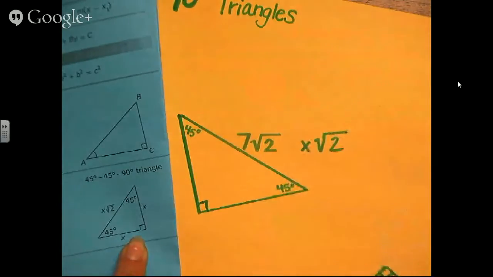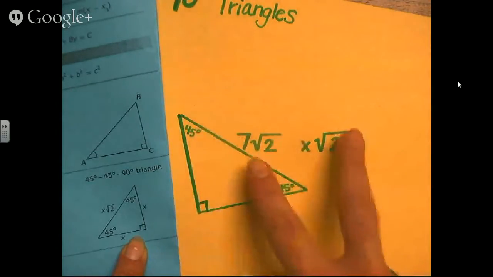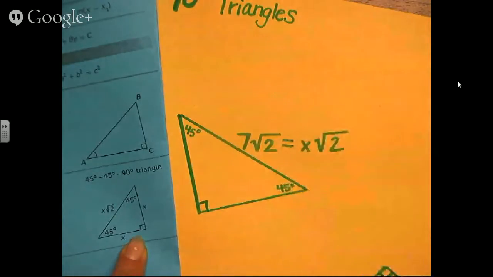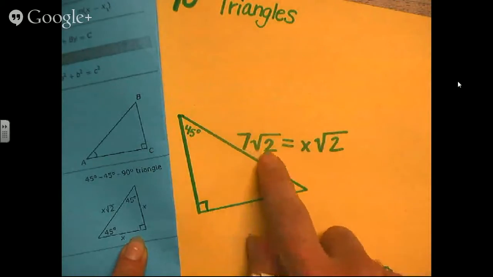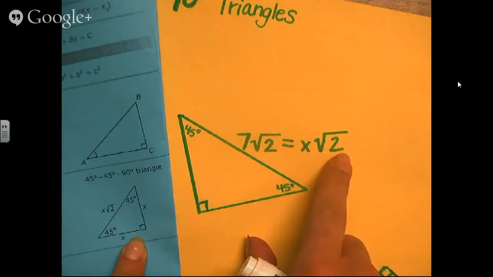All right, well, we talked about this earlier, that if you label one side 2 different things, what that means is that they actually are equal to each other. All right, so currently we know that 7 times the square root of 2 is equal to x times the square root of 2.